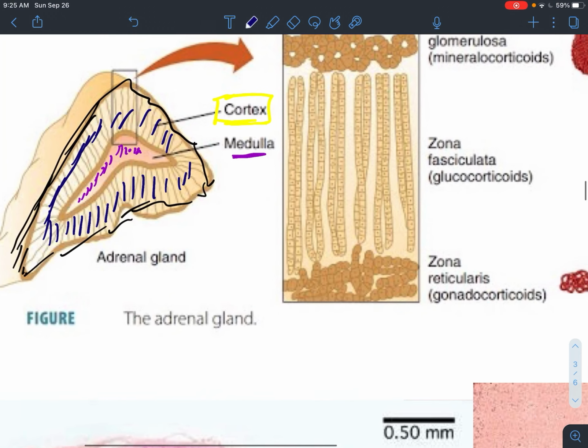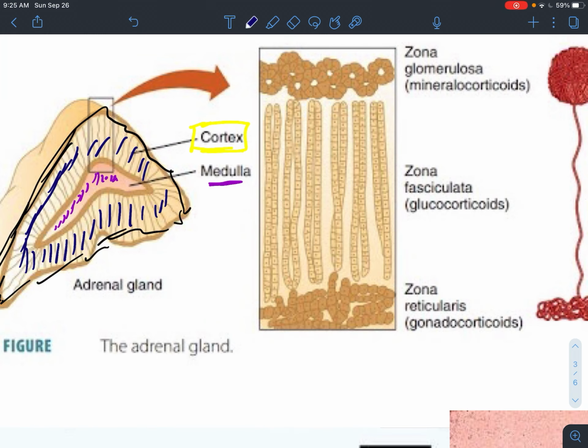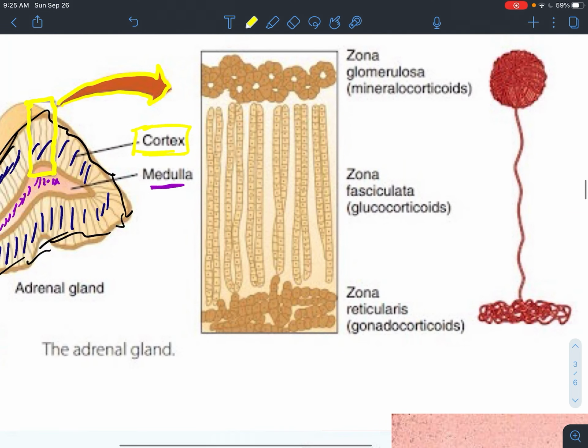So let's look at what the cortex looks like. So if we were to take a slice of the cortex, right, in this box. So you take that slice of the cortex and you zoom into it, right, to see what it looks like. And this is the drawing of it, but it'll help us to understand the histology of it.